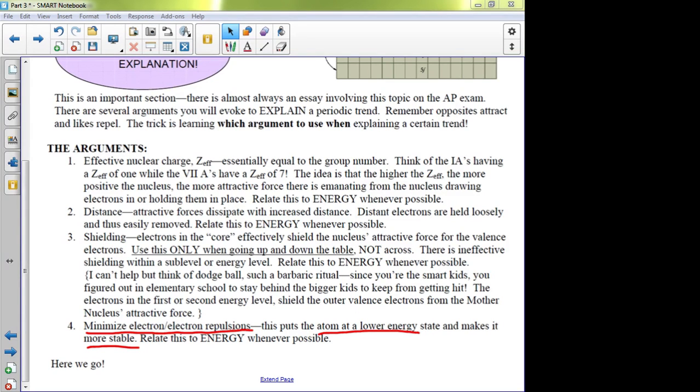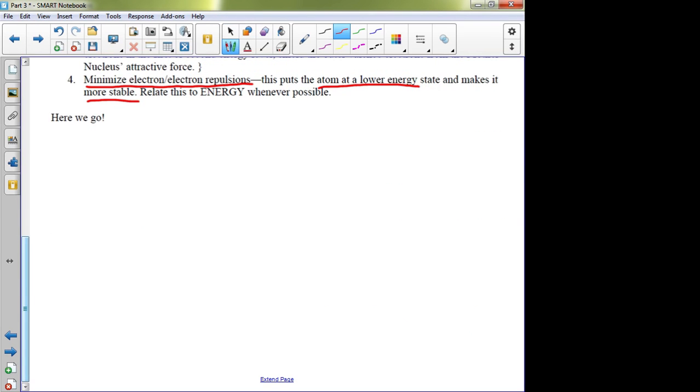Shielding. This is something else we can use when we're talking about going down the periodic table. This is where the inner electrons block the outer electrons from being able to feel the attractive force of the nucleus. The repulsive force is strong. Here's the nucleus, and then here's these electrons, and then here's some more electrons.